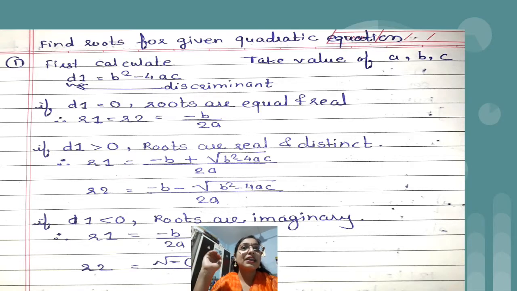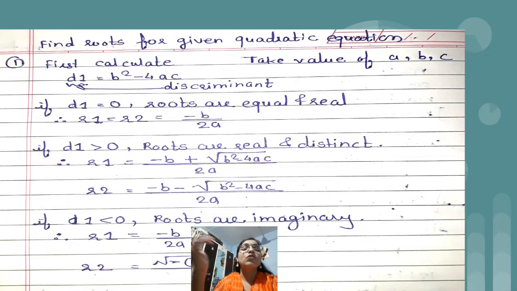Real and equal means the value of both roots r1 and r2 will be the same. And how will that value be calculated? Using this formula, minus b upon 2a. Whatever value we get after this calculation will be assigned to r1 and r2, that is minus b upon 2a.